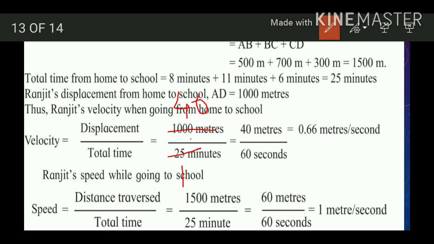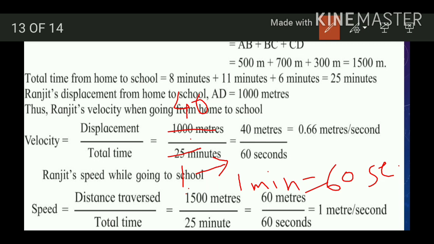Now, everyone knows 1 minute is equal to how many seconds? 60 seconds. Okay. Now, 1 minute is equal to 60 seconds. So, here we converted 1 minute to 60 seconds. Means 40 meters in 60 seconds.